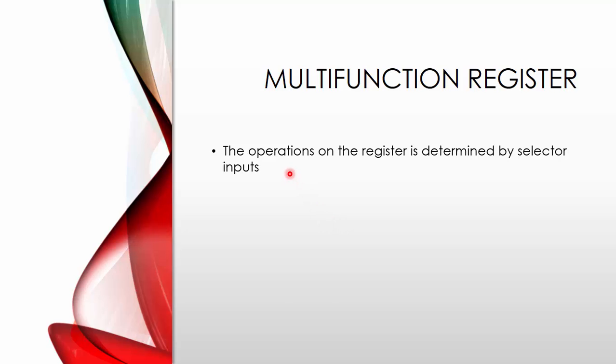Next is multifunction register. Multifunction register is the register that we want to equip with a few operations, and the operations on it is determined by a selector input. Internally, it has multiplexer, but normally we do not draw it in our data path drawing.